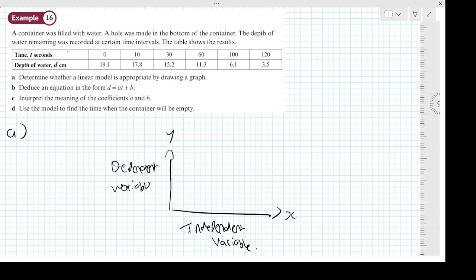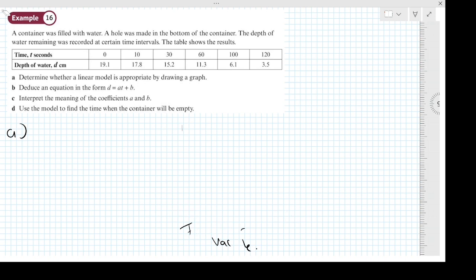So in this case, well, time has to be the independent variable. It's on the x-axis, if you will, because time is not affected by the depth of water. However, the depth of water changes with time, so depth will be on the y-axis. So depth d will be on the y-axis, and the x-axis will be t. Now I need to plot these data then.